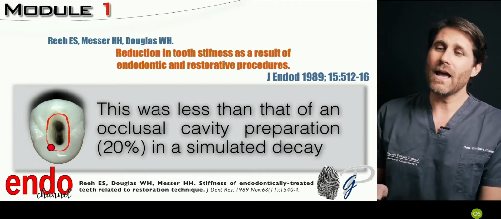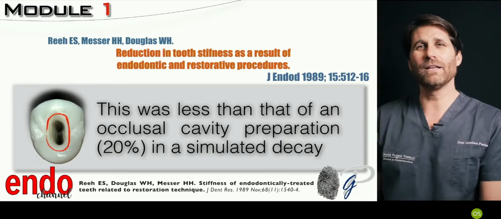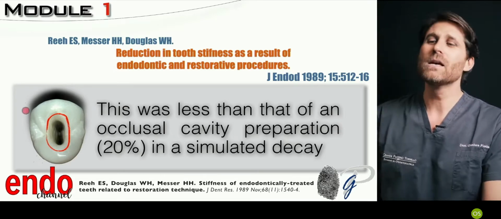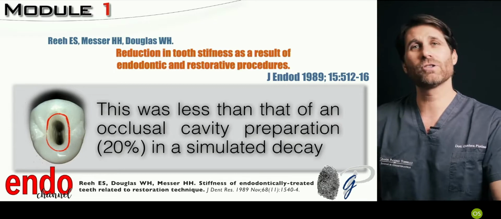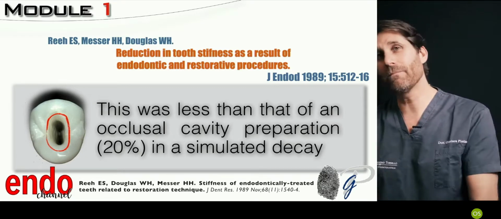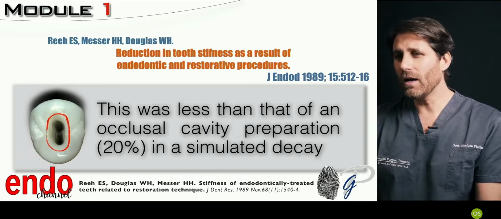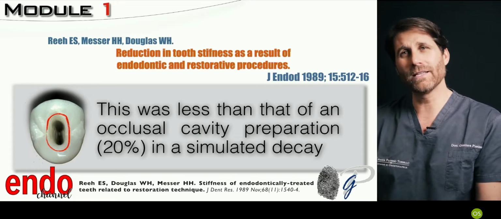So this can be the example of an extended access cavity opened with traditional concepts in which we extend very much the occlusal opening of the pulp chamber. In this case, we have a higher amount of loss of resistance of the tooth.